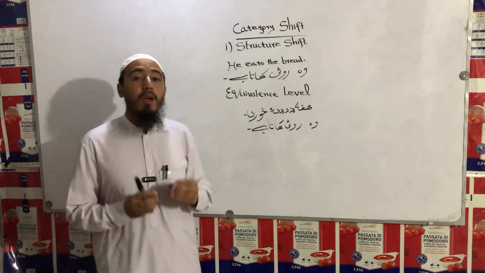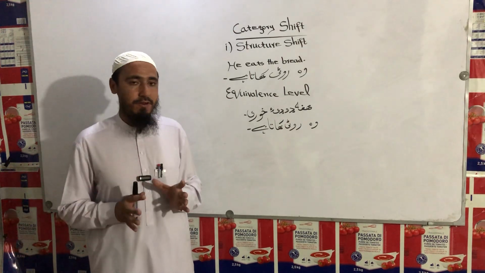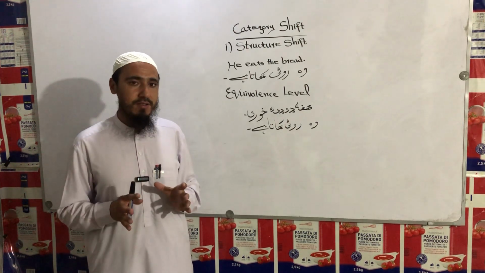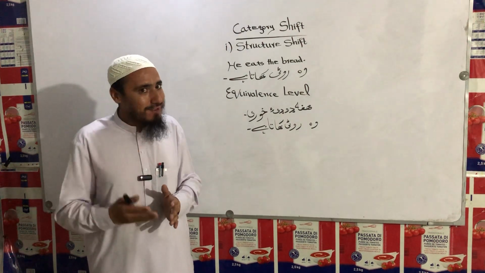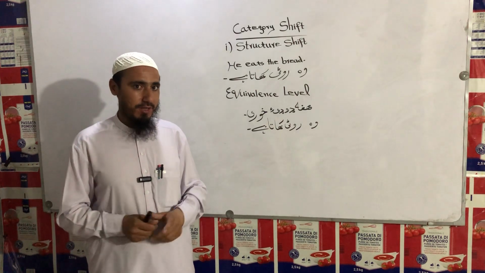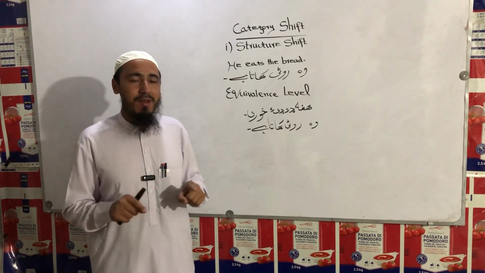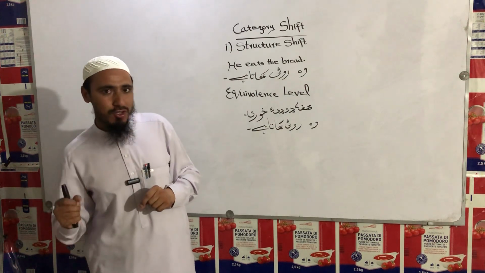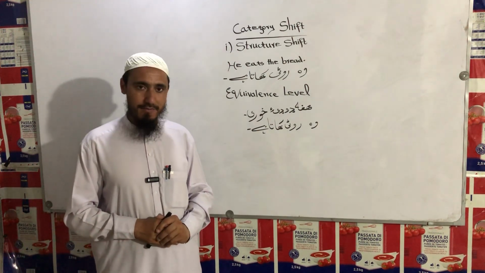Listeners and audience, whenever we are talking about structure shift, according to Catford, structure shift means that in some languages, when we are translating from the source language into the target language, the structure or the order does not remain the same. The structure of one language is different from the structure of another language.